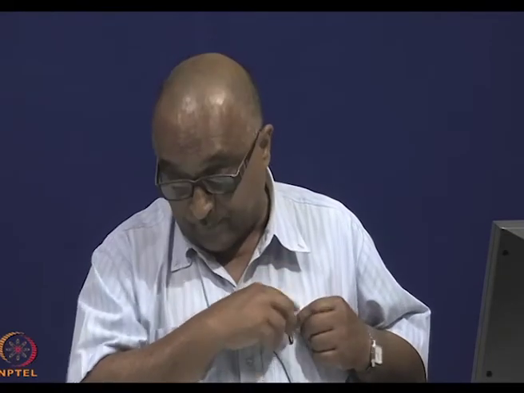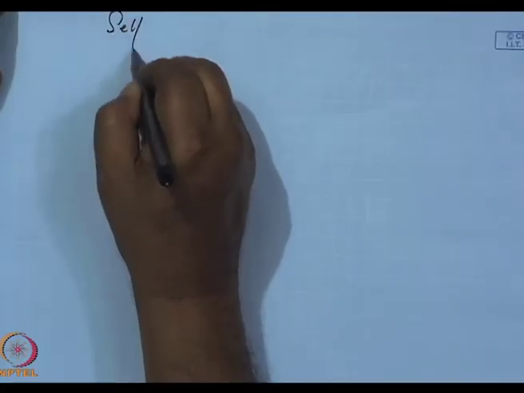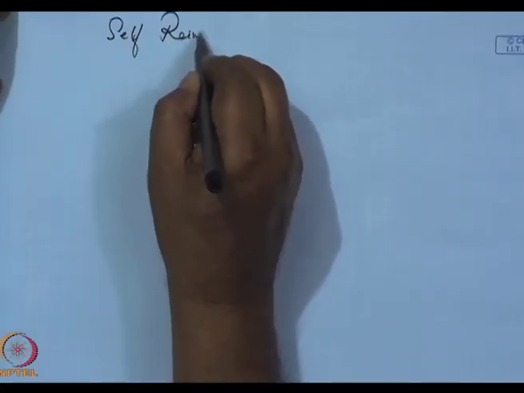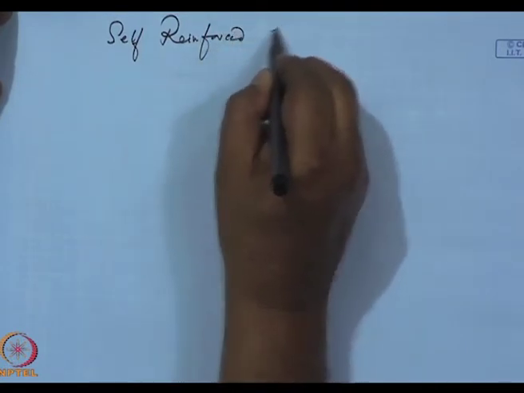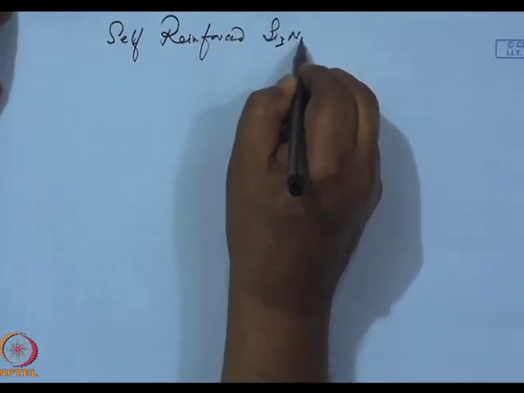Well, we have dealt with the fundamentals of toughening. Now, let us take up certain examples of toughened ceramics. For example, a very simple example: self-reinforced silicon nitride.